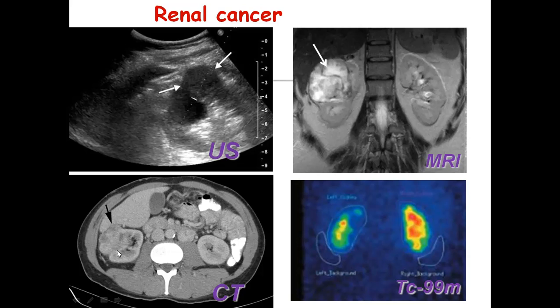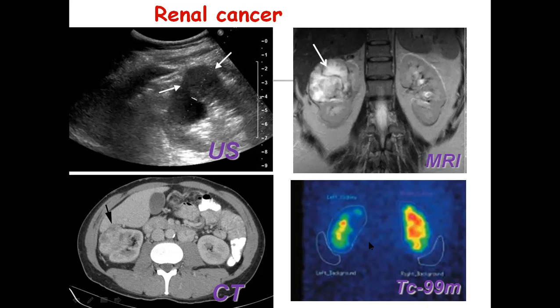More dark areas are features of decomposition of the tumor, its spontaneous decomposition. MRI also allows to confirm presence of a tumor in the right kidney as here.